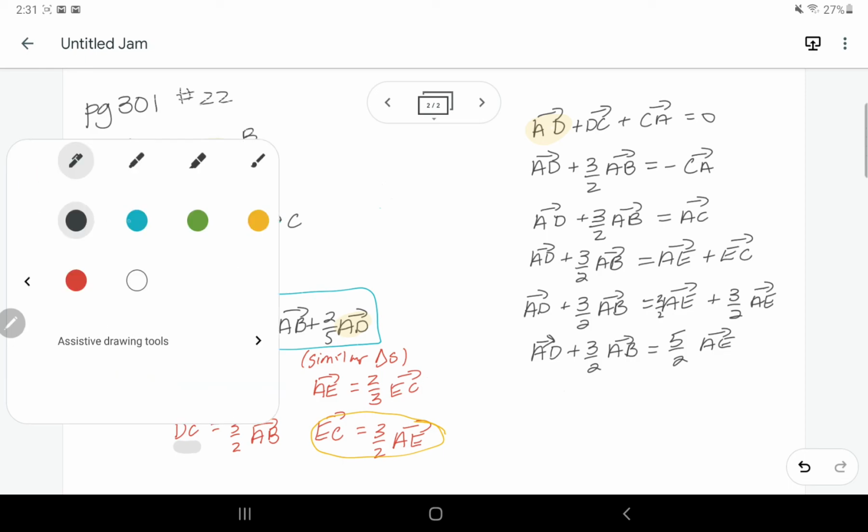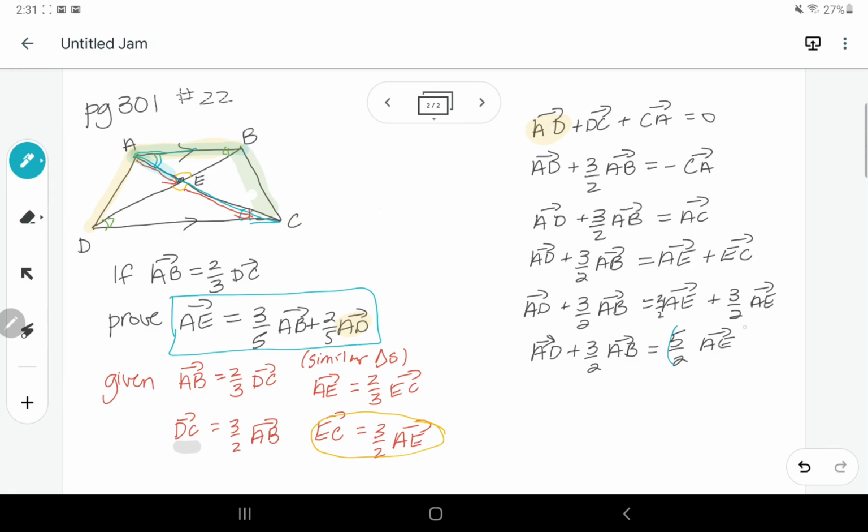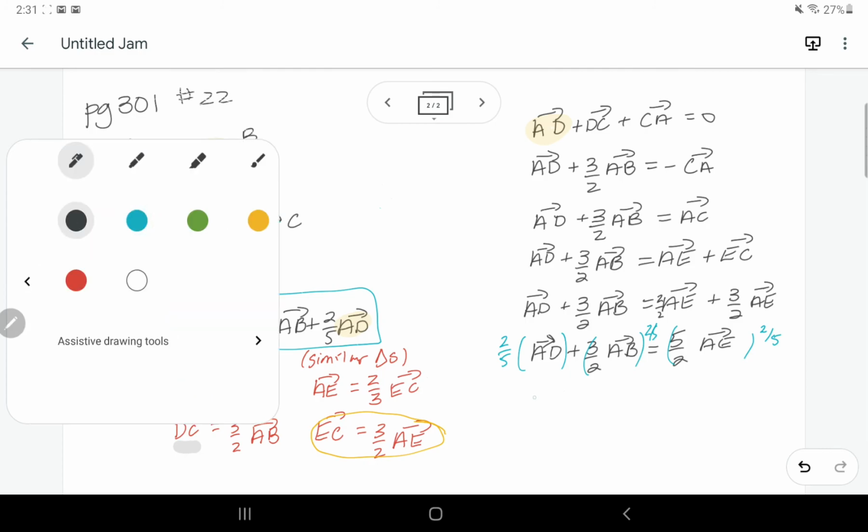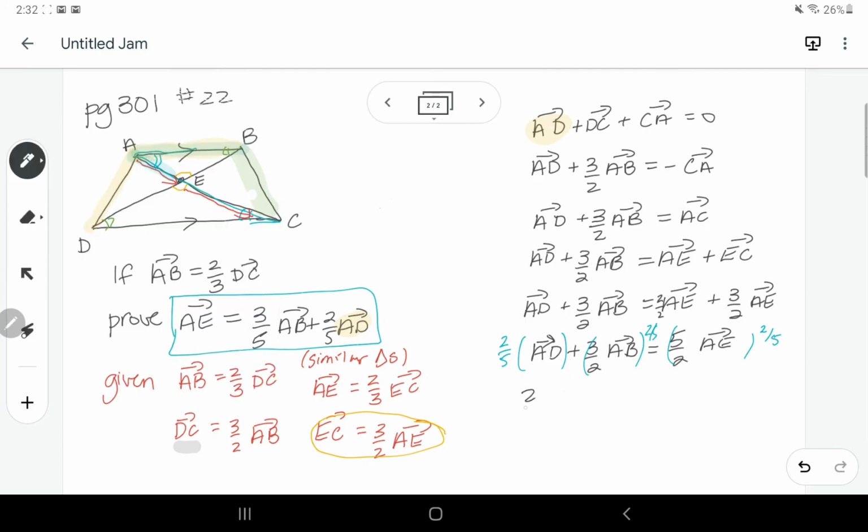So I'm going to take this and multiply all of the terms here by 2/5. So everything times 2/5. And that would give me 2/5 AD plus, the 2s will cancel there, 3/5 AB equals, and the 5 over 2 and 2 over 5 cancel, AE.